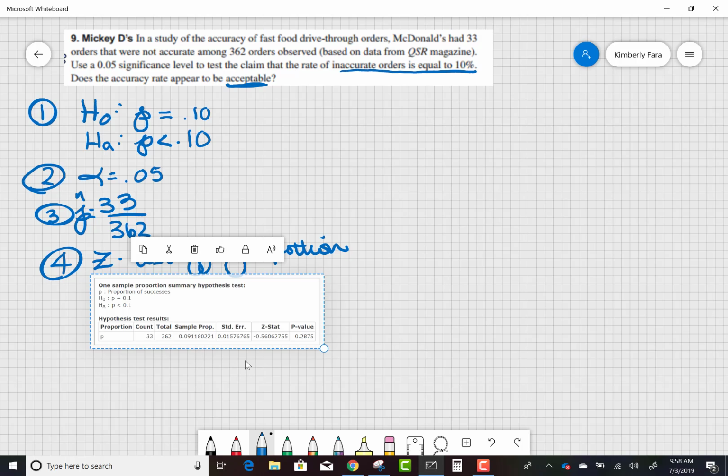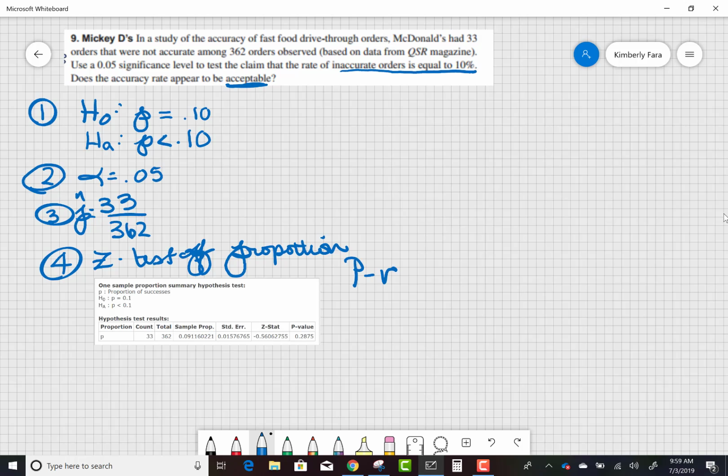Now look at what we have here. Remember, when we do the p-value, if the p-value is less than or equal to alpha, we reject. So if p is low, the null must go. But notice what we have here is our p-value, and I like to use a capital P for p-value.